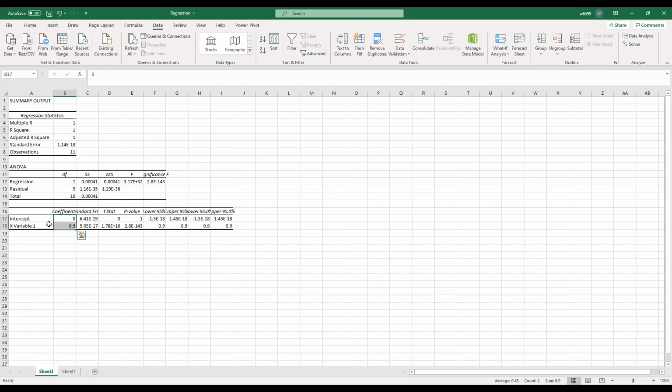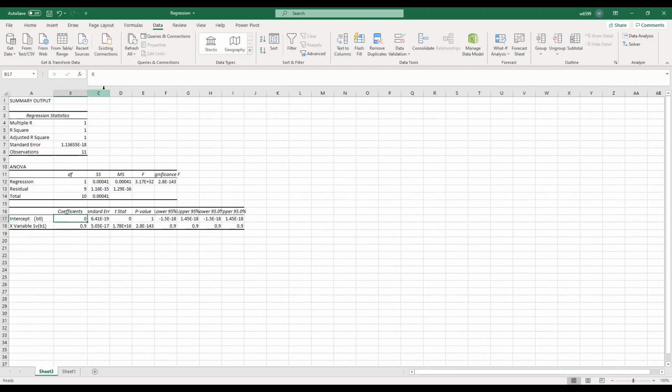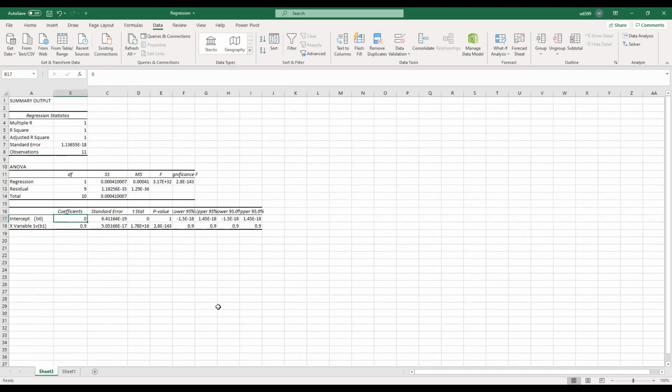And the coefficients are here: the intercept, which is a constant term, is B0, and here is B1. So B0 equals 0, and B1 equals 0.9.